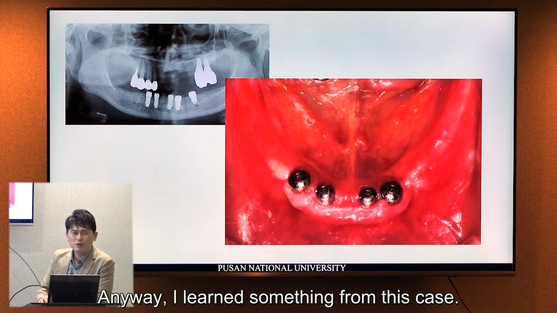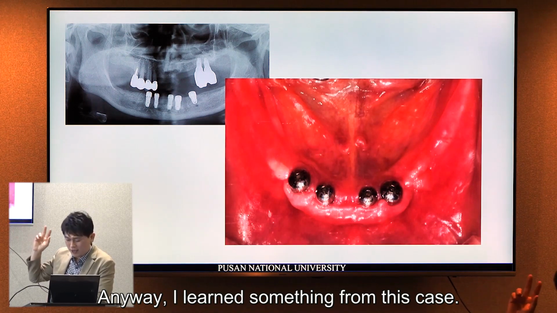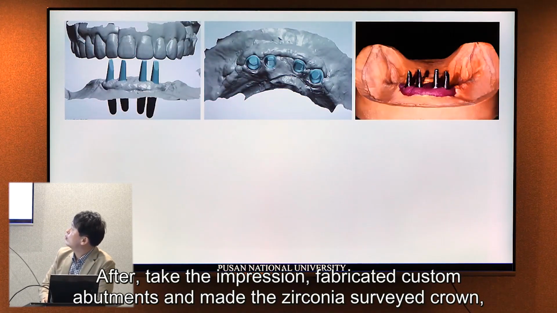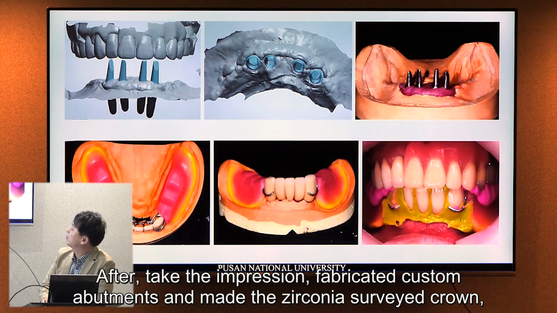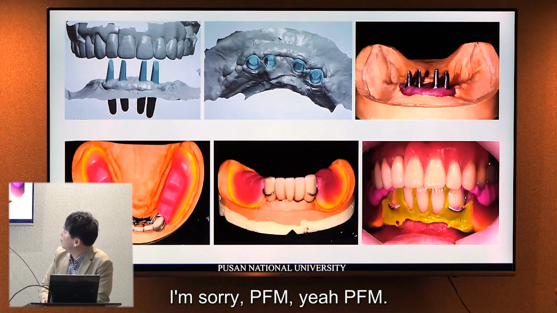Anyway, I wanted to show something through this case. After taking the impression, I made the custom abutment and made the zirconia crown like this. I'm sorry, PFM. Yeah, PFM.